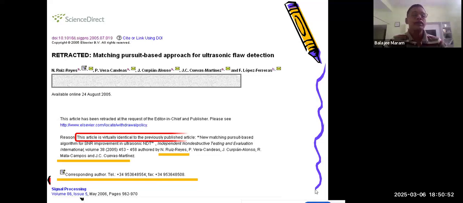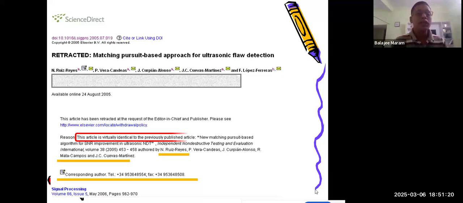Definitely, if somebody raises the same issue, the publisher will remove your paper. That is nothing but retraction, retracted. They will retract your paper. It means your paper is invalid. It is not like published. It is retracted. Retracted means that it is not countable for your research work.